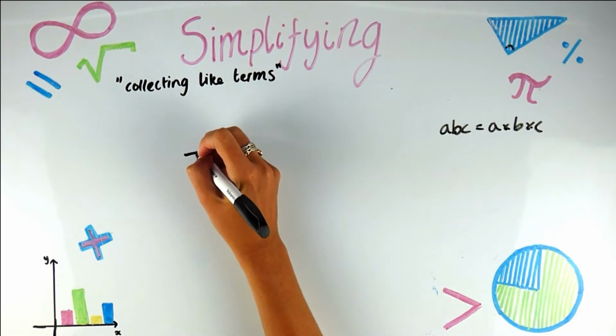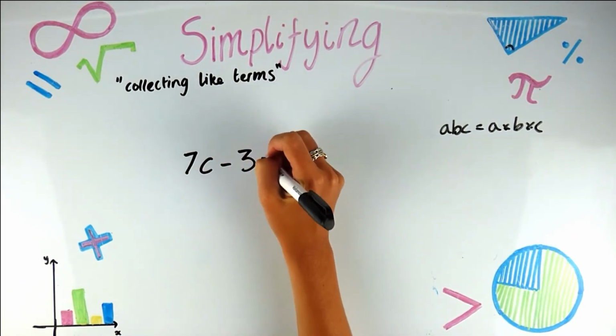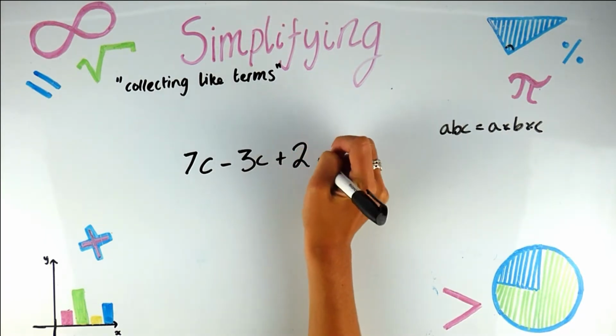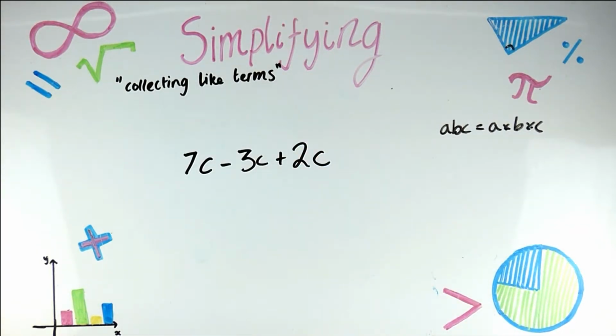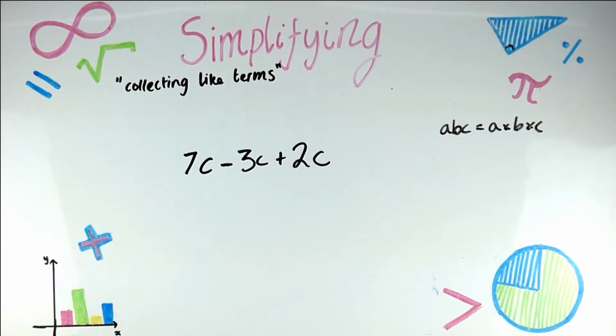Was going to do 7C minus 3C plus 2C. These are all like terms because of the C. So therefore, again, kind of think of that as a C caterpillar.